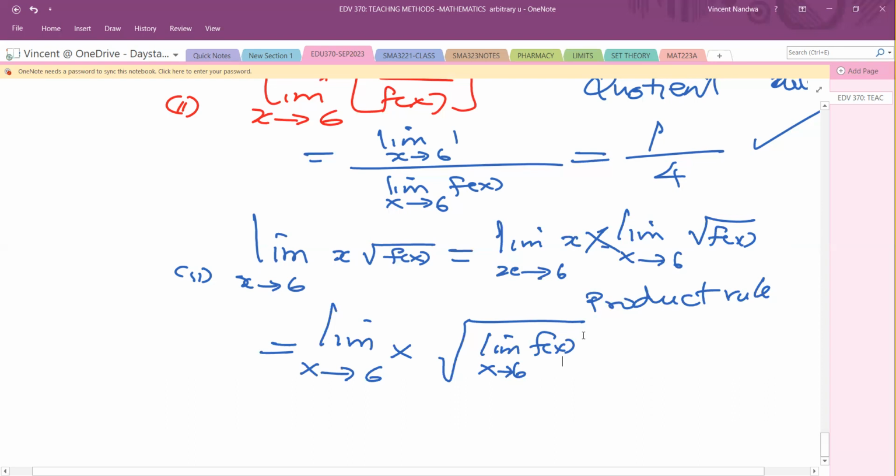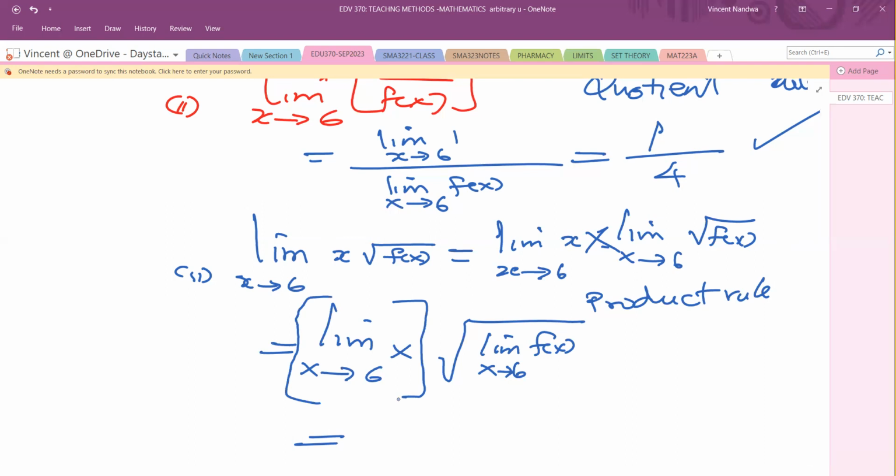Yeah. So the limit of x as x approaches 6 will be 6. Now I want us to deal with this first. Where there is x we replace with 6, times this will be the square root of 4.